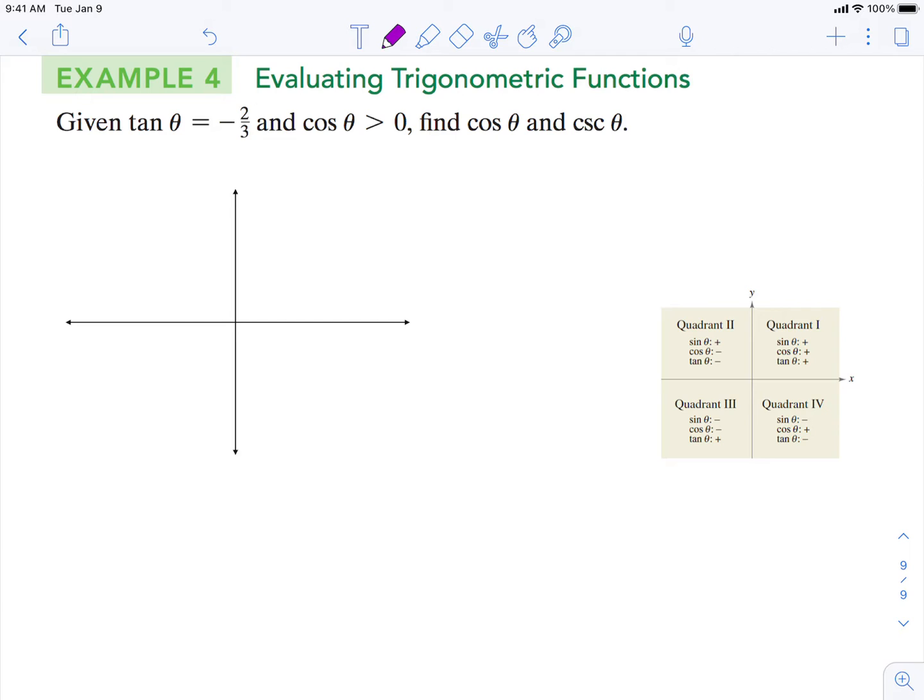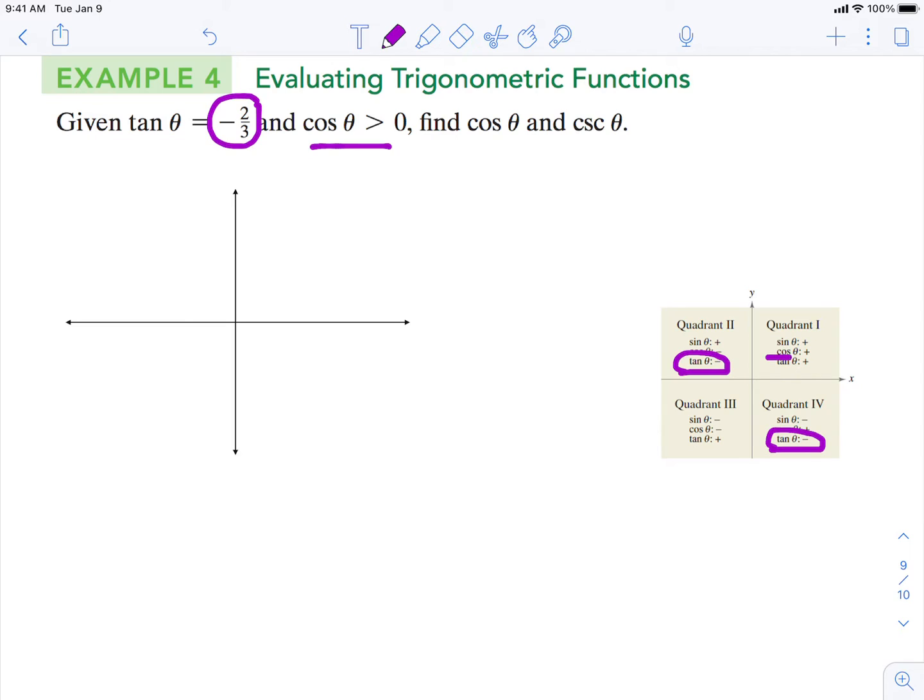So a tangent value is negative in quadrant 2 and quadrant 3. Or sorry, that's 4. And then it says that the cosine is greater than 0.